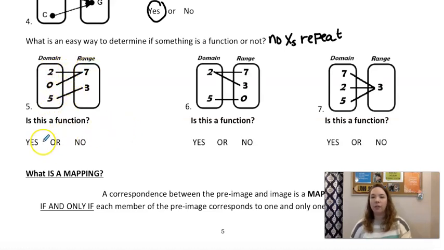So yes, it is a function. Is this a function? 2 is being used twice on the left as an x. So it is not a function. 2 is being repeated. And then here, each x only has one arrow coming from it, so it is a function. None of them are repeated.